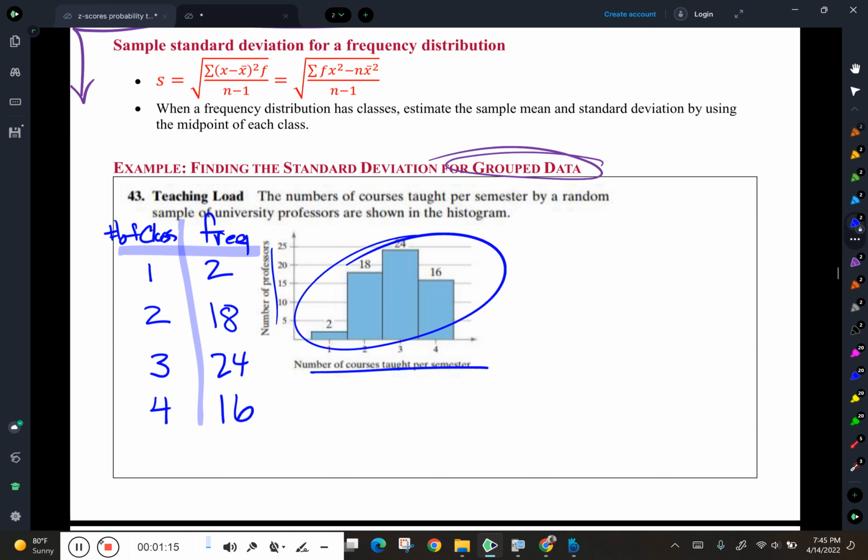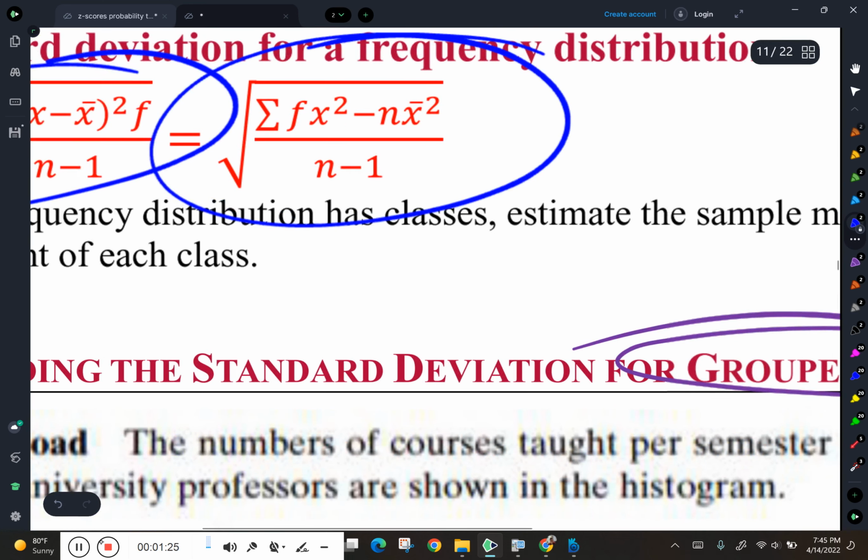And so I could, if I wanted to, use one of these two formulas right here. They're exactly the same. It's just a slightly different way to approach it. This one on the right is the formula from our textbook, the one we've been using kind of loosely for this course.